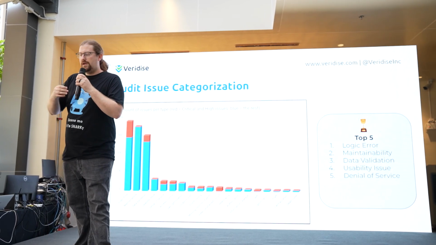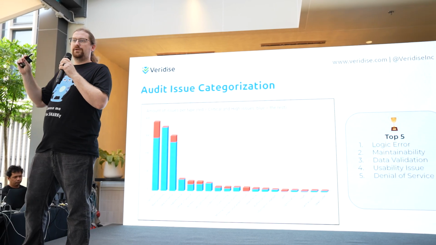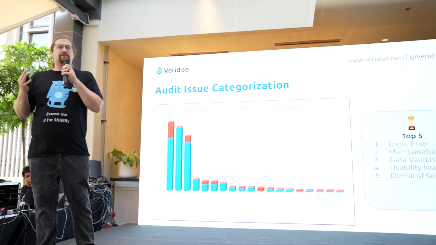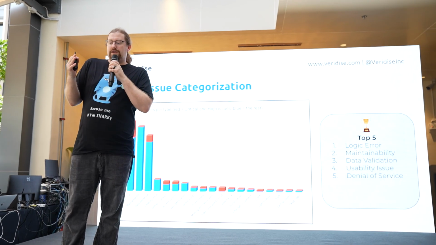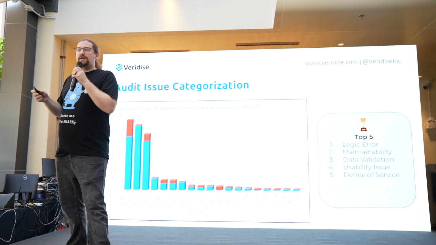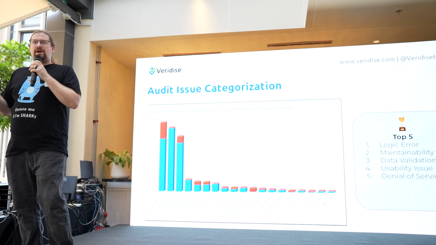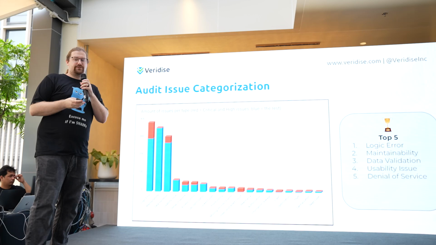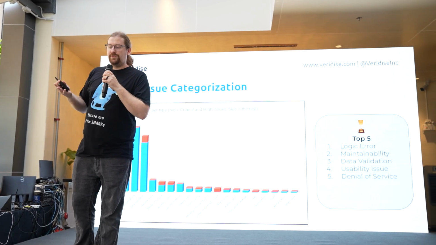So just having a number somewhere in the protocol and that number is repeated all over the place. And the reason why this can become an issue is because if you decide to change that number, then you've got to go and update it in every single location, and it can easily turn into a bug. We found cases where people have updated things incorrectly. And so maintainability issues are something that we commonly find, but they aren't severe.